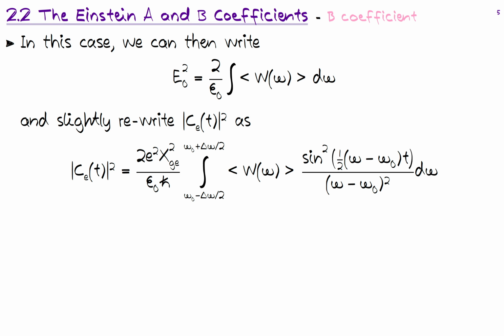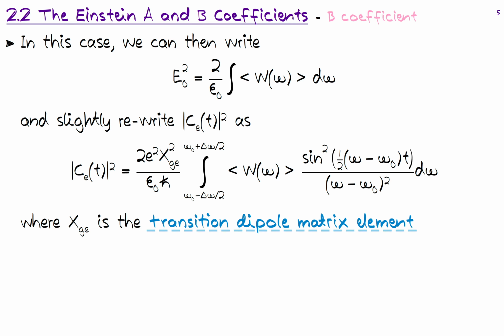This is a means to calculate the expansion coefficient C_e, telling us the rate of transition into the excited state, or the population within the excited state. The x_ge, as we used this simplifying notation in the previous lecture already, is the transition dipole matrix element.